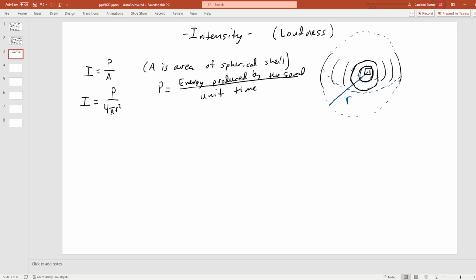But you'll notice that the surface area is 4 pi r squared, so this is an inverse square law. Okay, so what that means is, let's now label this as R2, and let's label R1 as a smaller sphere.